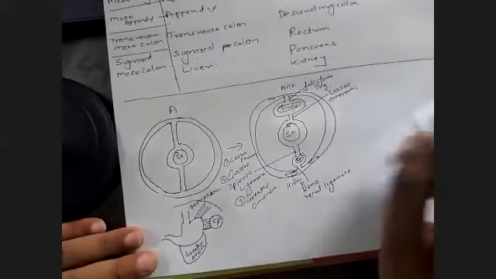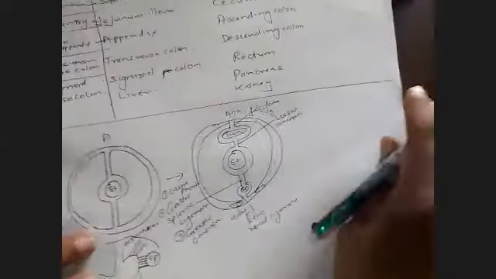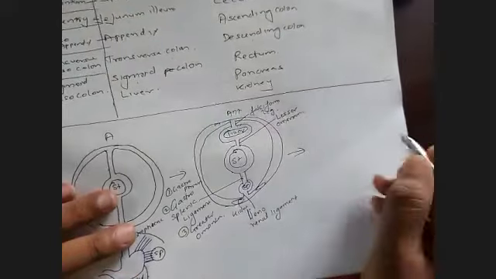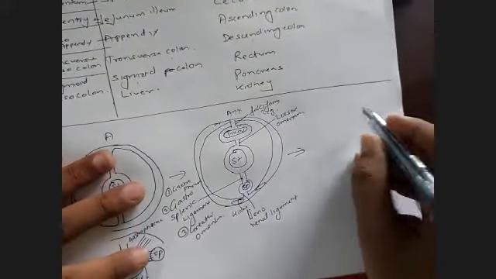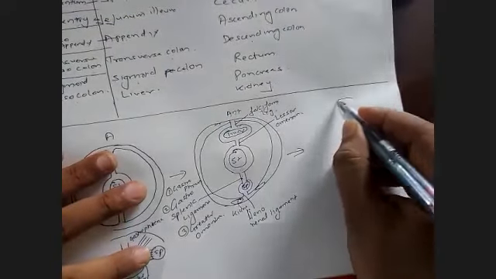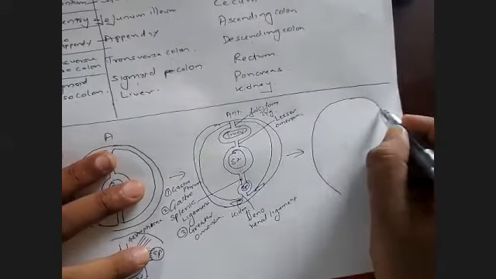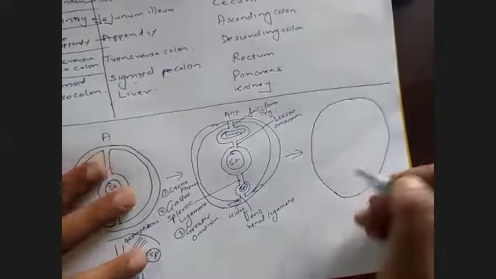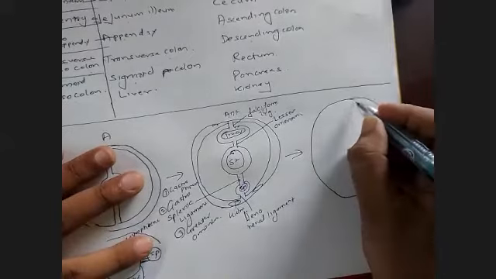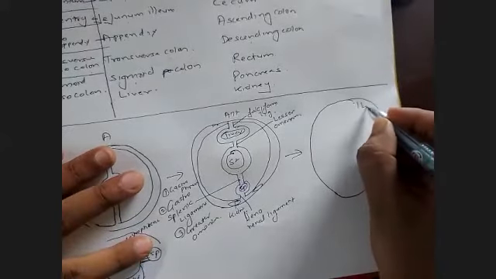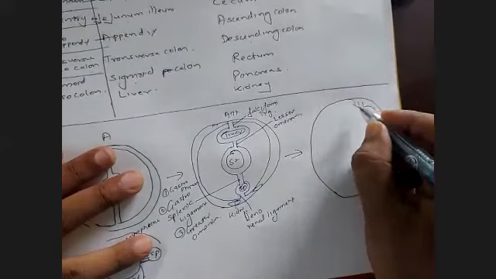Now the orientation of the organs further changes. And this I am showing in this last diagram. So the liver comes to lie on the right side.